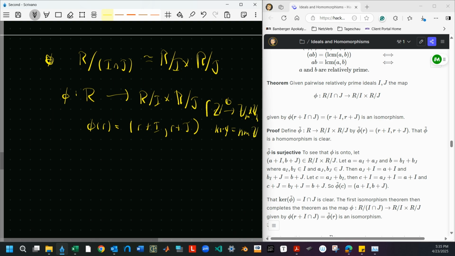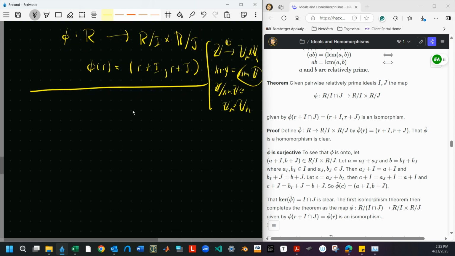Then you apply the first isomorphism theorem and get that Z over nmZ is isomorphic to Z_m cross Z_n, and this, of course, is isomorphic to Z_nm. So that's what I had up there before. This is the same thing, but with ideals here, and I don't quite have the corresponding thing yet, so I have something slightly different there.